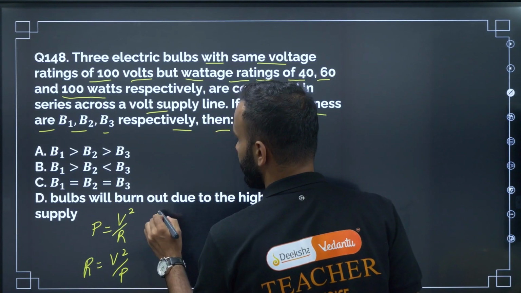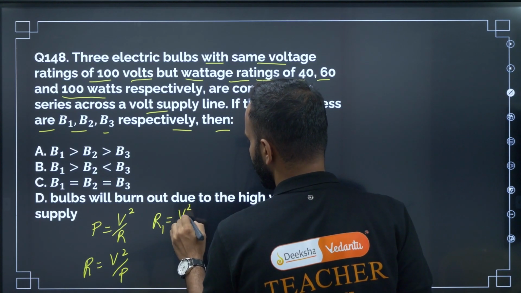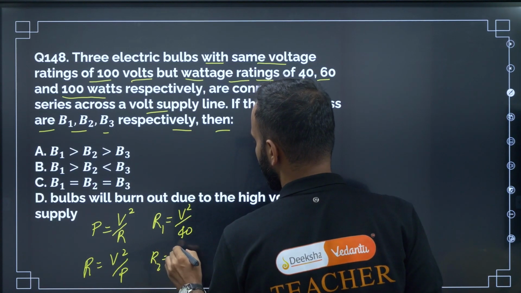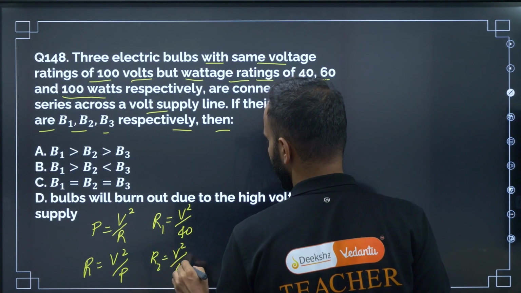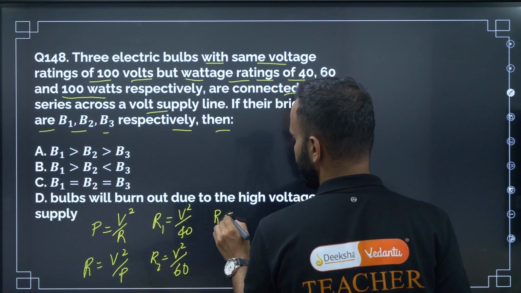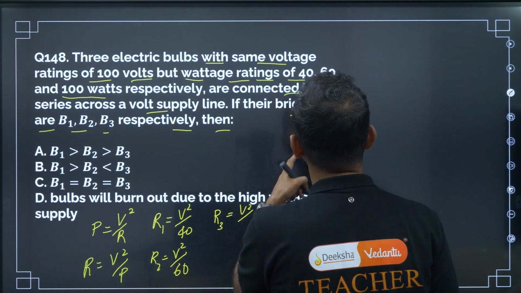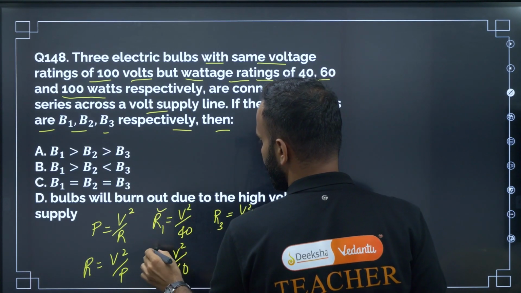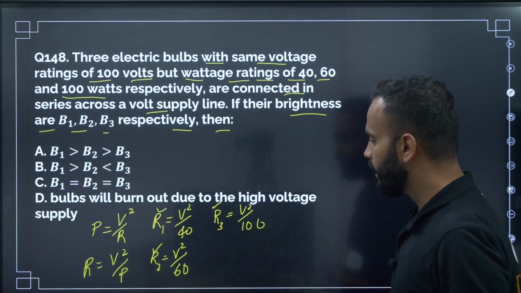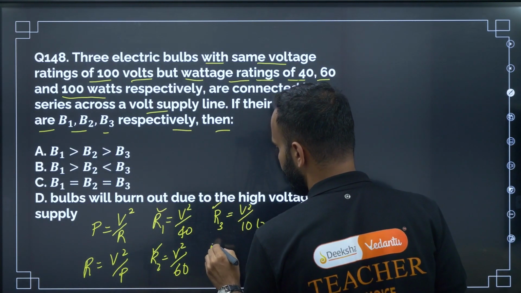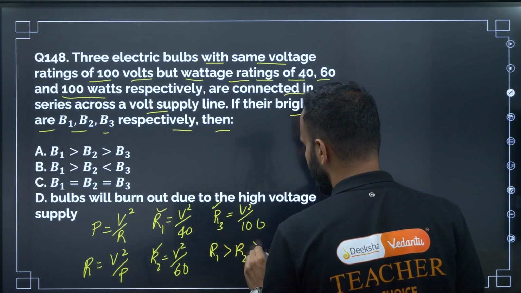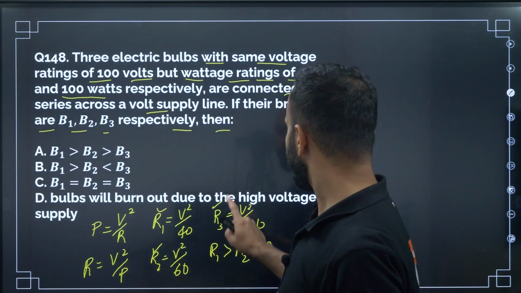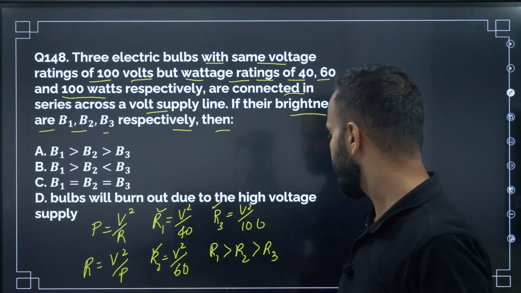Now R1 is equal to V square divided by 40, R2 is equal to V square divided by 60, R3 is equal to V square divided by 100. From this I can write R1 is greater than R2 is greater than R3. So the resistance of the first bulb is greater than that of the second, which is greater than that of the third.